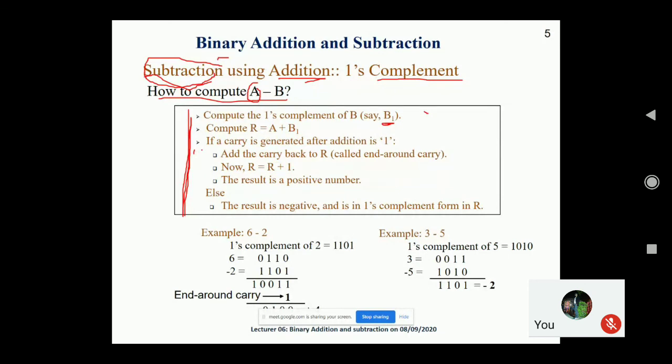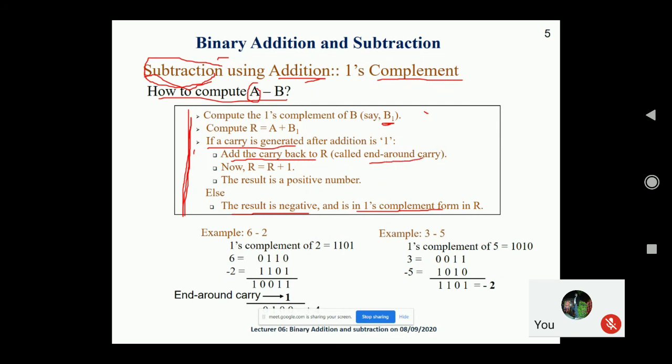One is if carry is generated after addition, we follow this particular step. Else, the result is negative and is in ones complement form in R. If carry is generated, add the carry back to R.